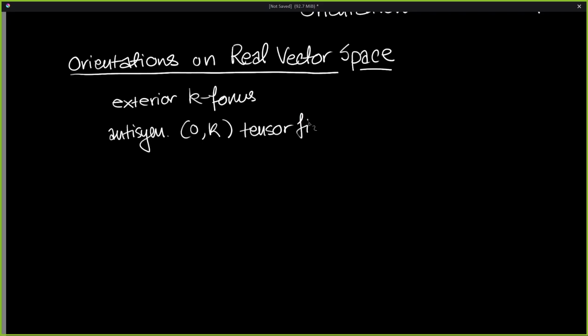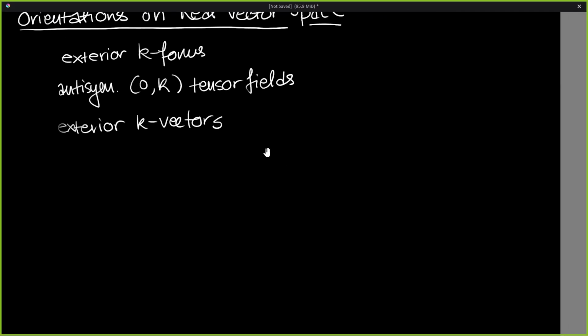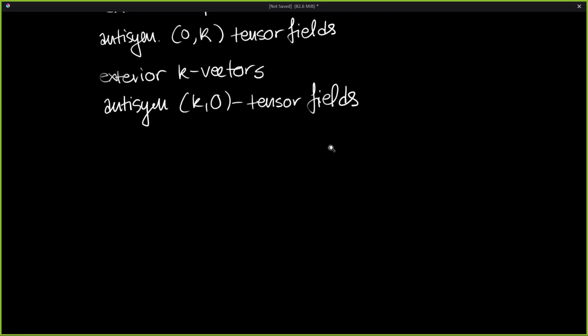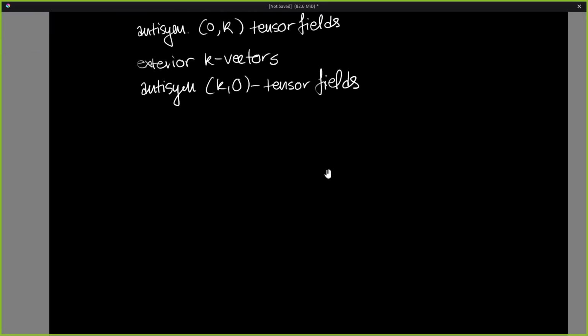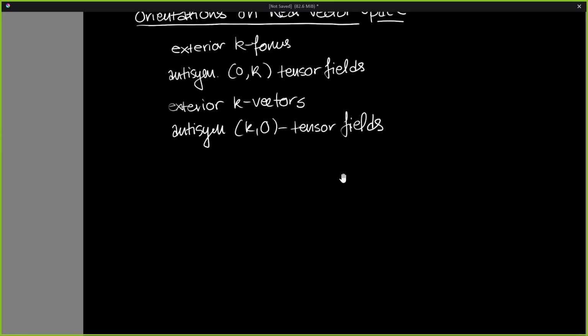But you can also define exterior K-vectors. That's what Chern-Chen and Lam calls them. These are antisymmetric (K,0) tensor fields. And we kind of need to understand them a little bit, I realized, in order to understand how we're going to define an orientation.